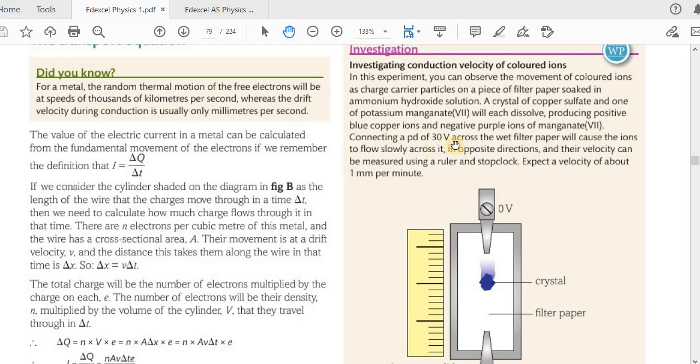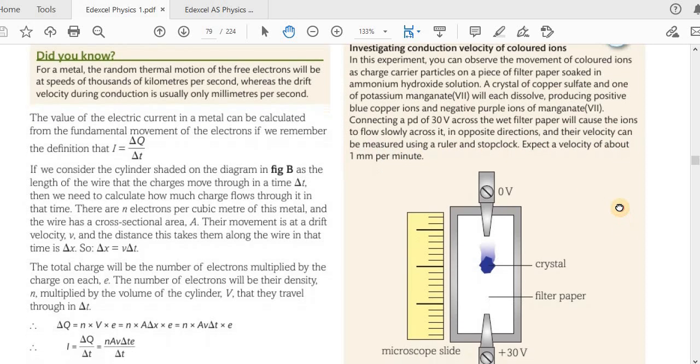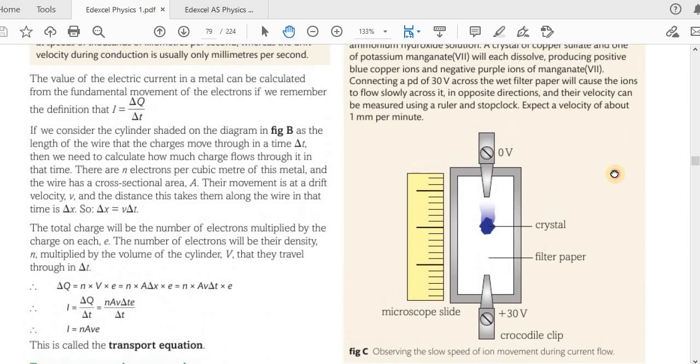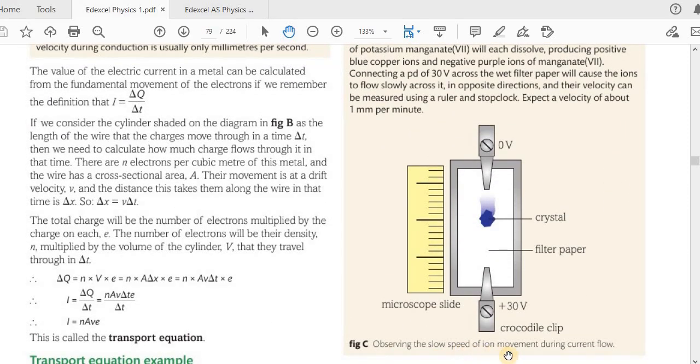Connecting a potential difference of 30 volts across the wet filter paper will cause the ions to flow slowly across it in opposite directions, and their velocities can be measured using a ruler and stop clock. Expect a velocity of about 1 millimeter per minute. So you can see, observing the slow speed of ion movement during current flow. Here 0 volts, here plus 30 volts, microscopic slide, crystal, filter paper.